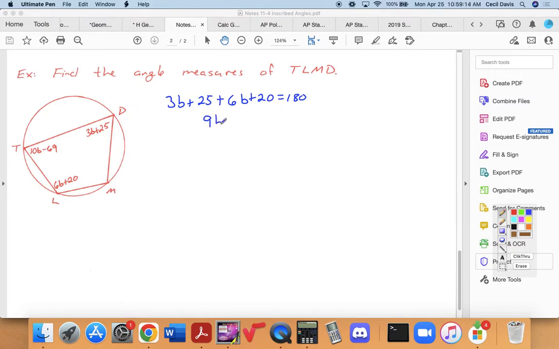Grouping the like terms, that's 9B plus 45 is 180. Subtracting, we have 9B is 135. Dividing, we get that B is 15.